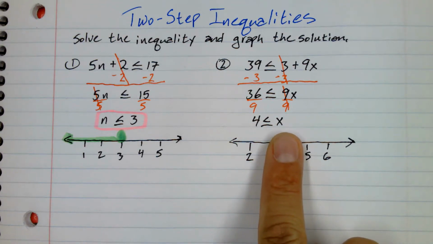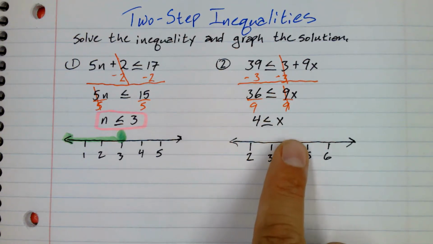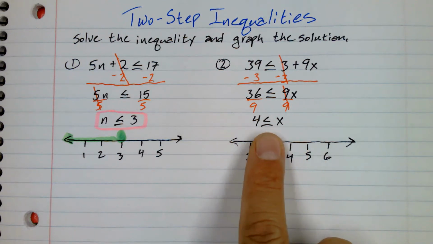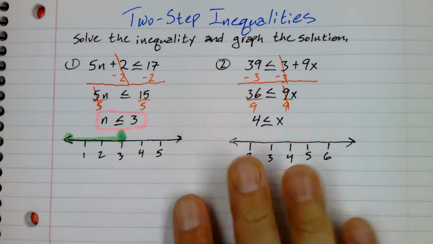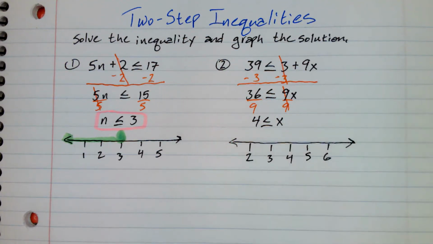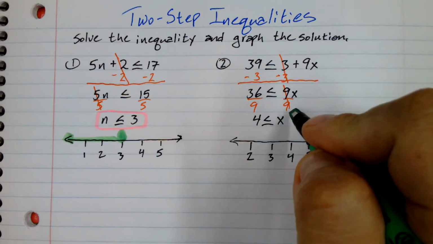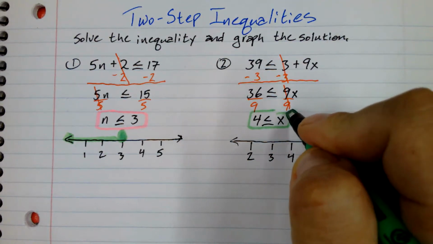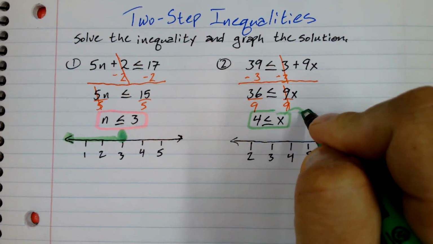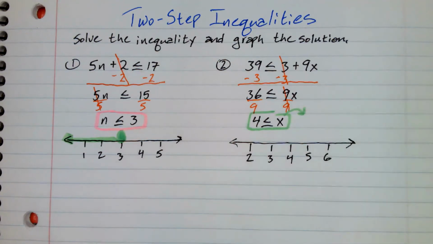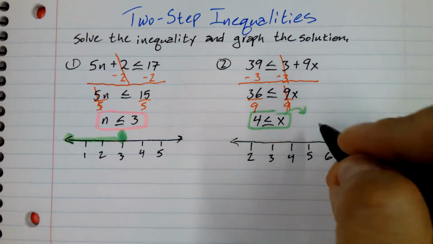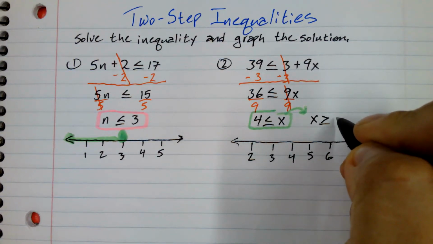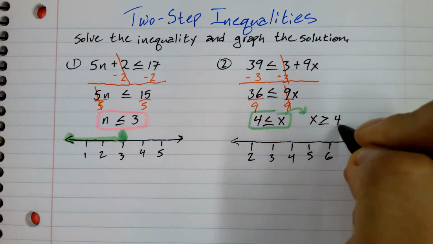Whenever I see my variable, once I get my answer and I see the variable on the right, like this, 4 is less than or equal to x, I want to flip this inequality. This is a correct answer, but then I want to turn it over and make it x is greater than or equal to 4.